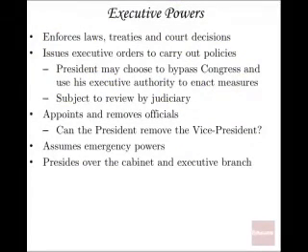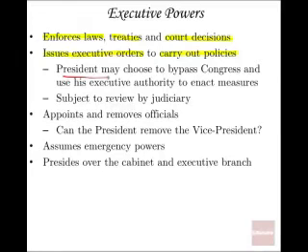So in executive powers, what kind of executive powers does the President of the United States have? He basically is in charge of enforcing laws, treaties, and court decisions. Now, part of enforcing laws, the President issues executive orders to carry out policies. The reason why the President might issue an executive order is he might see an existing law out there that's not being enforced the way he or she wants it.